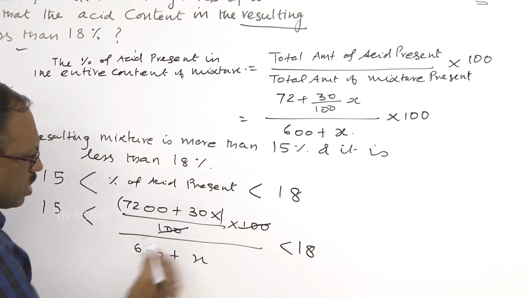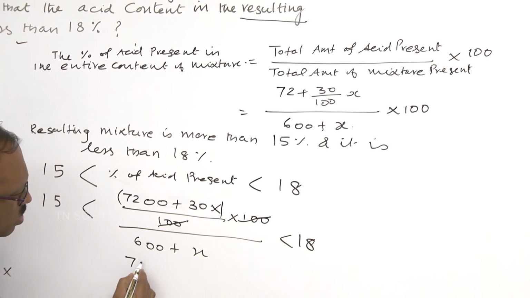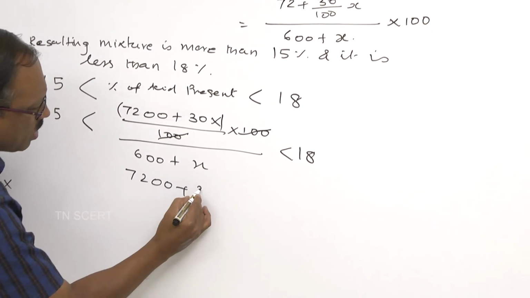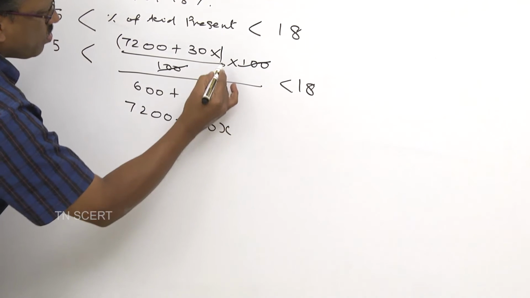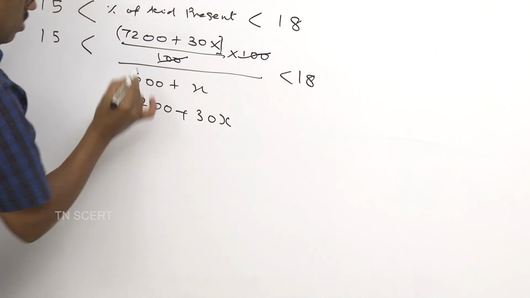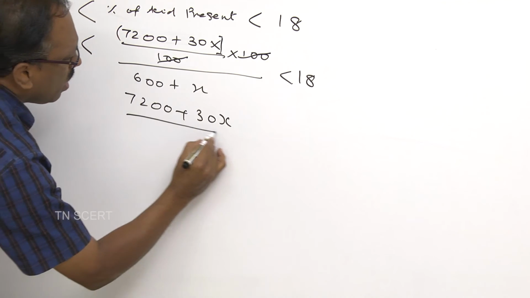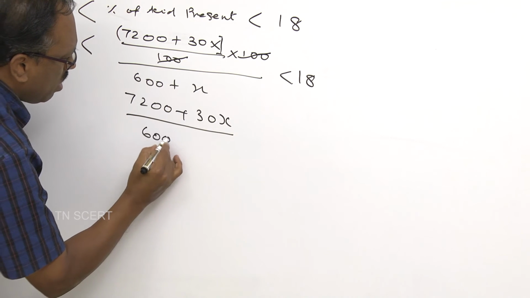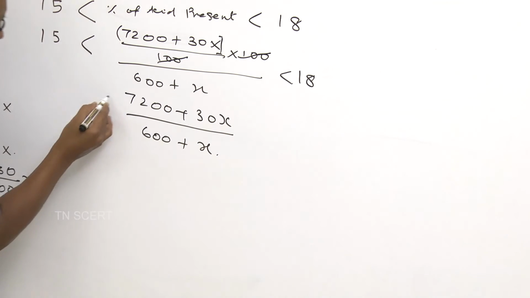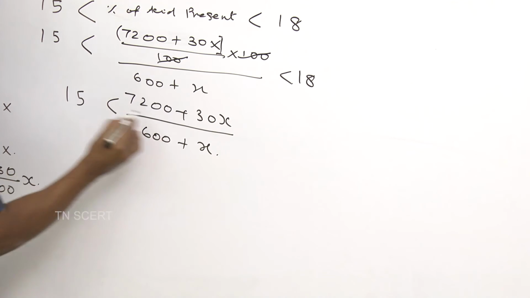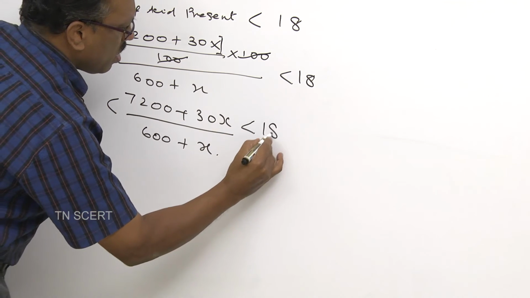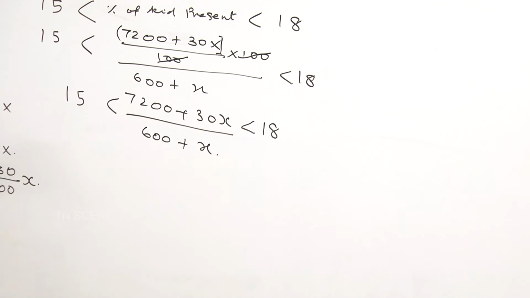Now we are getting this equation: 15 less than 7200 plus 30x by 600 plus x, less than 18.